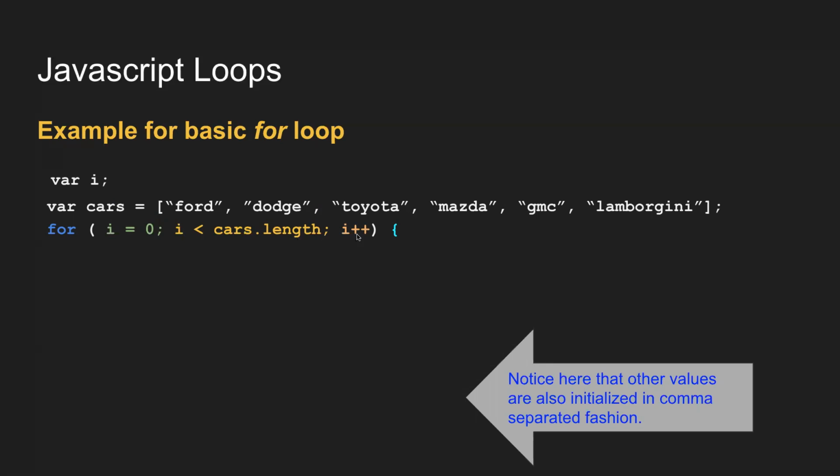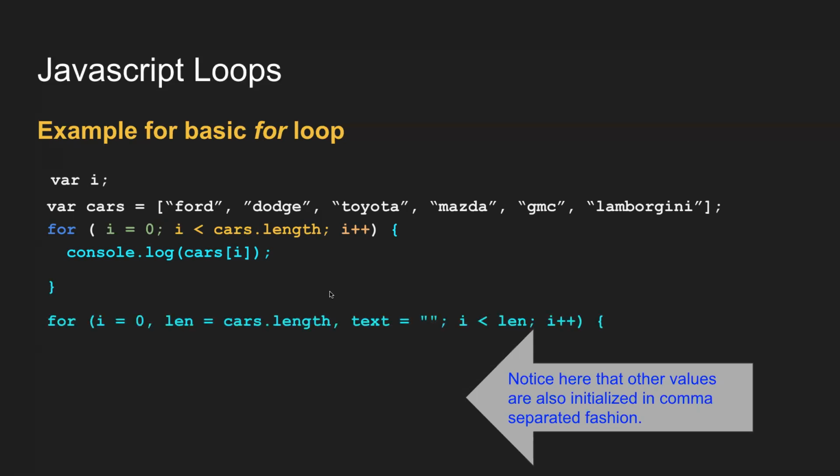And statement 3 is, after it's run, increment. If we do this, then in our console it would iterate through the log saying Ford, Dodge, Toyota, right? It would iterate through the code block.